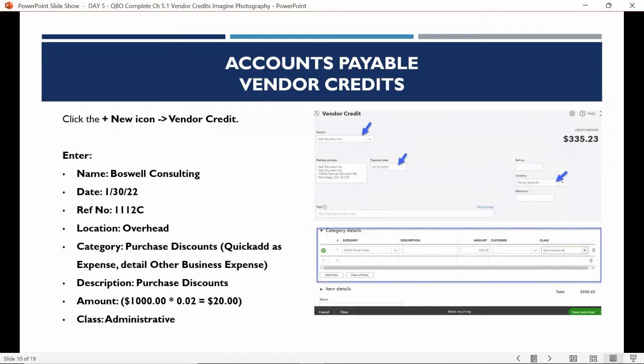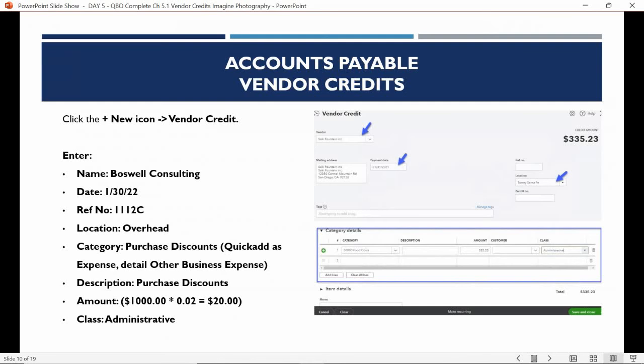So if they do recognize that you're supposed to get a discount, then they'll give you a vendor credit for the amount that you overpaid. But oftentimes, as a company, you're trying to be conservative, especially with your money. You want to save as much as you can, being responsible for paying your bills on time and making those discounts, then you pay for what you owe.